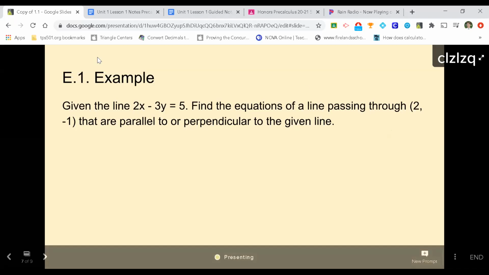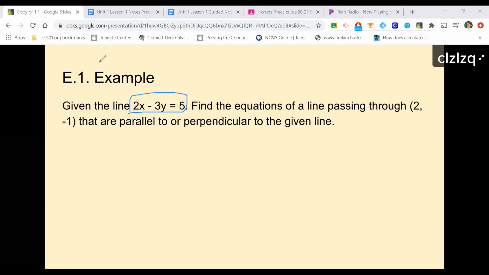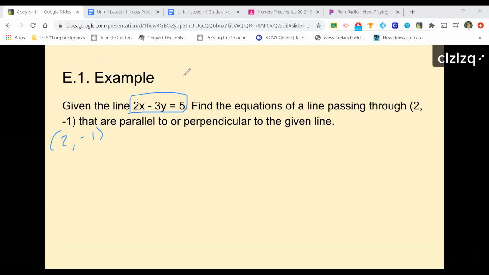Okay, let's do an example because I'm losing it over here. I need to be grounded by examples. So here, given the line 2x minus 3y equals 5, find equations of a line through the point (split poorly by the formatting of this slide) 2, -1 that are parallel or perpendicular to the given line.